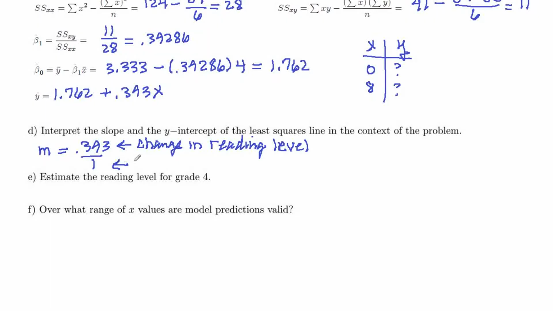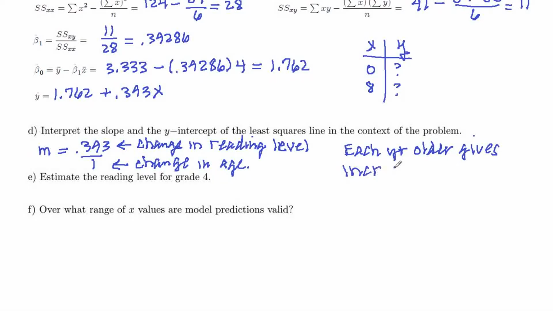Or, I'm sorry, change in age. So this is saying that for each year older, reading level increases by approximately 0.393.